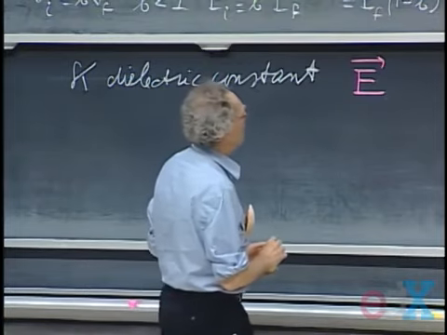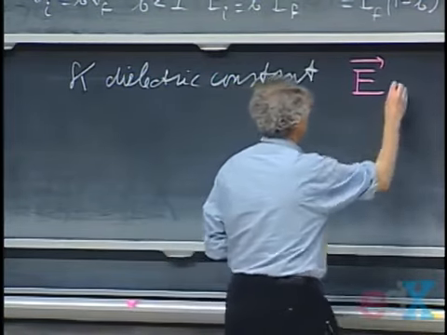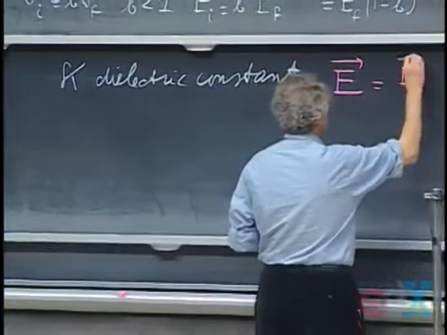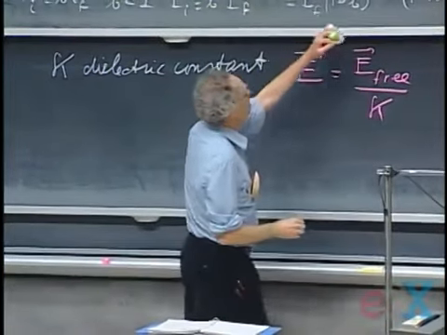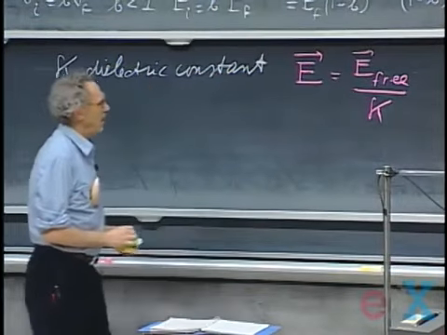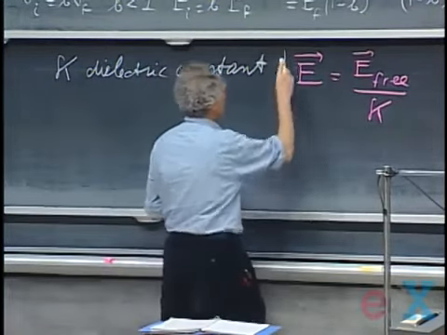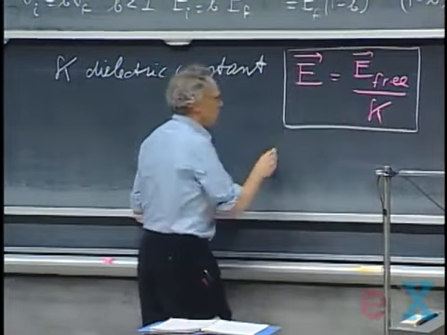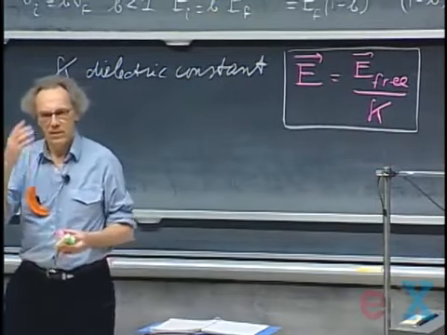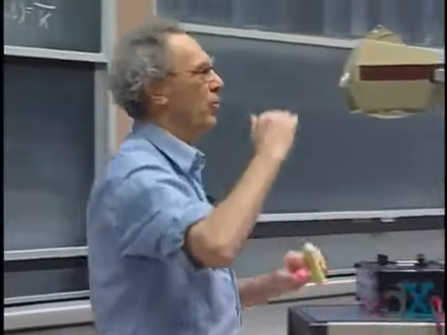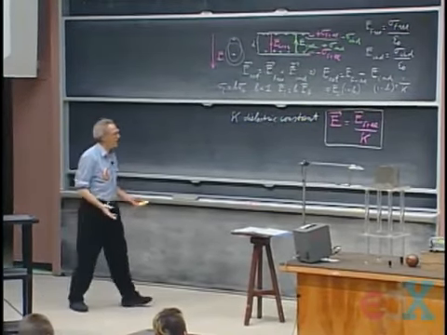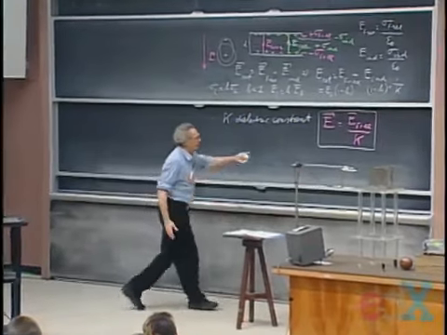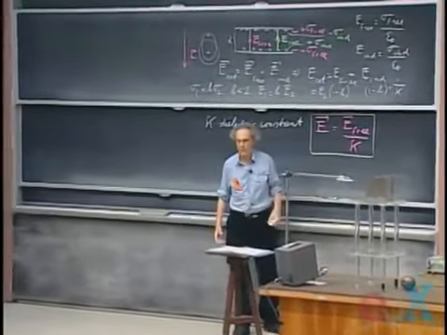So you can write down now that E equals the free electric field divided by kappa, because 1 minus B is 1 over kappa. And so you see in this experiment that I did in my head, first bringing charge on the plate, certain potential difference, removing the power supply, shoving in the dielectric, that the E field will go down by a factor kappa.